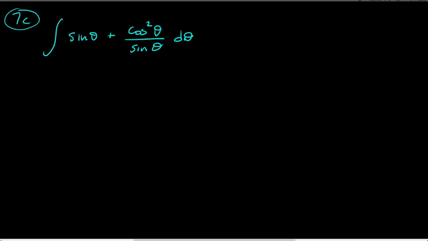Okay, finally, 7C. So this, I have to apologize. This is my mea culpa here. This is a typo. This was not supposed to be the problem. So the short of it is everybody got full credit for this part, because it was not the problem I intended.